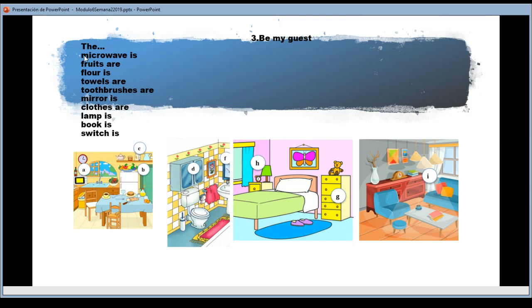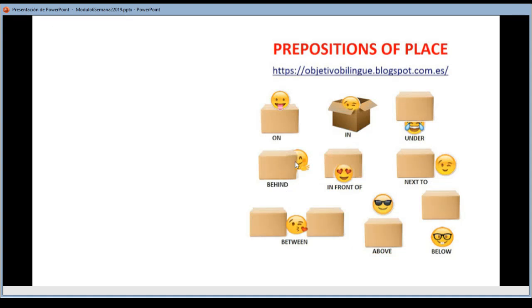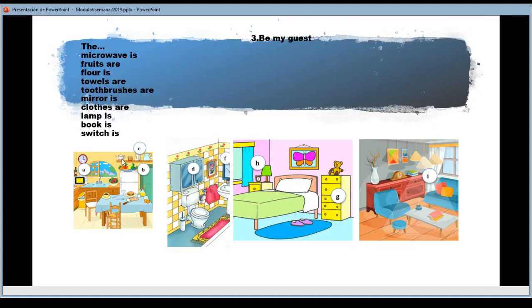For example, letter A, it is the microwave. Letter C, the floor. Then letter B is the fruits. The mirror here. What else? We have a book. We have books here.